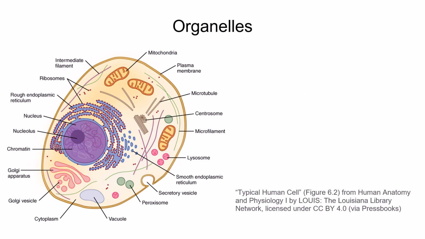We have here another diagram of a cell. This one is more detailed, and I just want to emphasize that learning about the organelles within cells will help you to understand more about medicine. Many drugs that we use interact with cells, and they can have different effects on different organelles within cells.